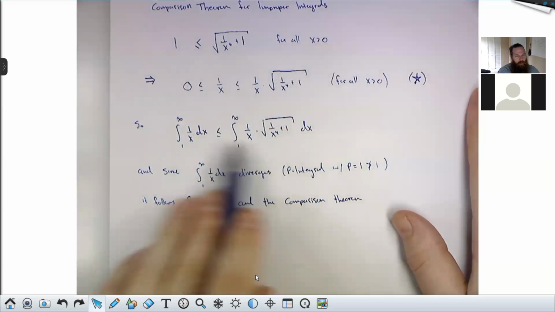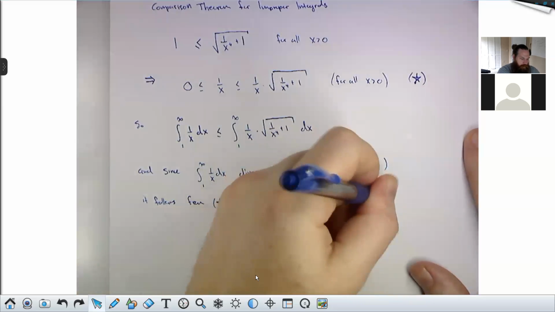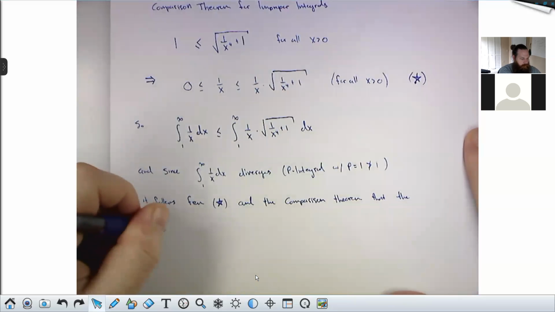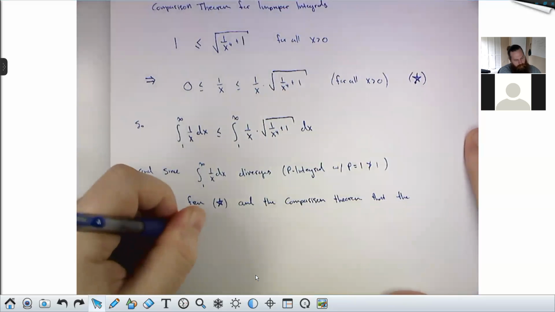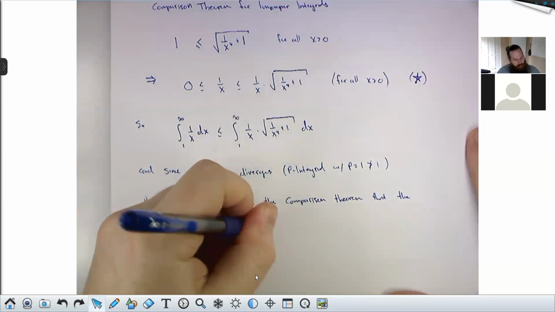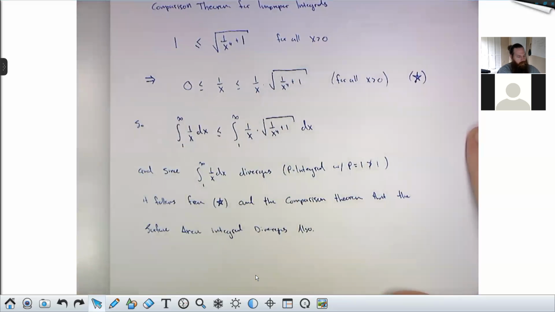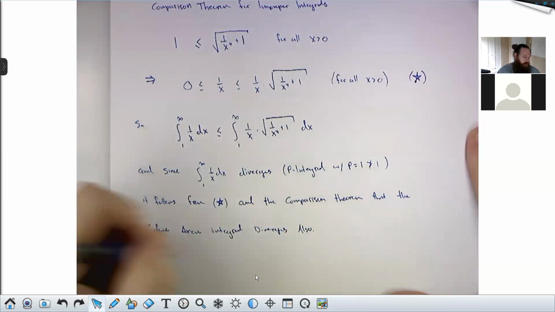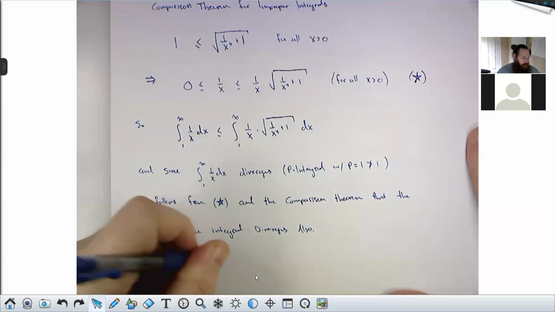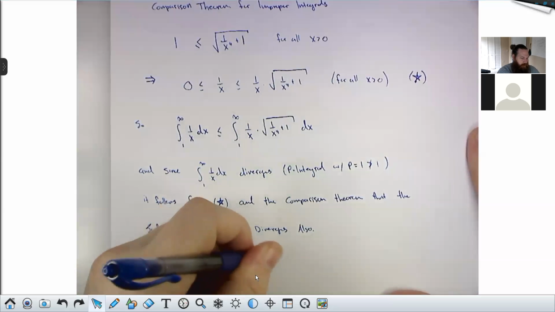My integral is bigger than this divergent integral. So it follows from the comparison theorem that the surface area integral diverges also. In other words, the surface area of Gabriel's horn is infinite.